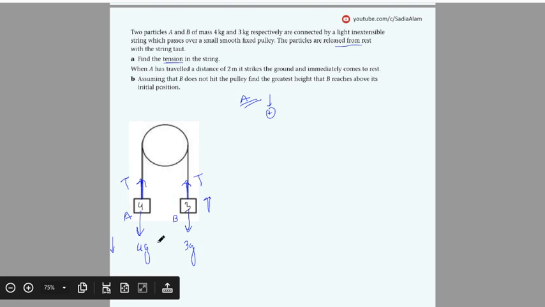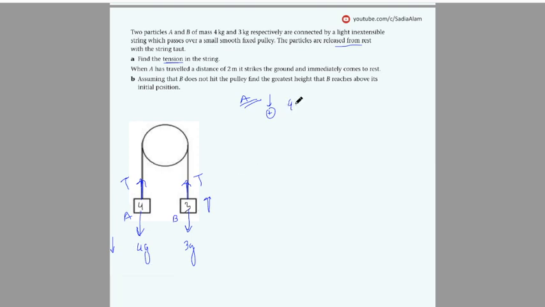So 4g will be positive, tension will be negative based on our selected direction. So 4g minus tension equals 4a. From here, if you solve for T, you get 4g minus 4a.